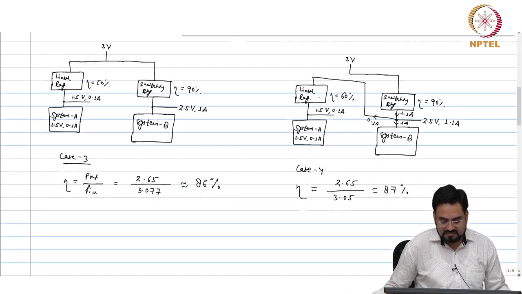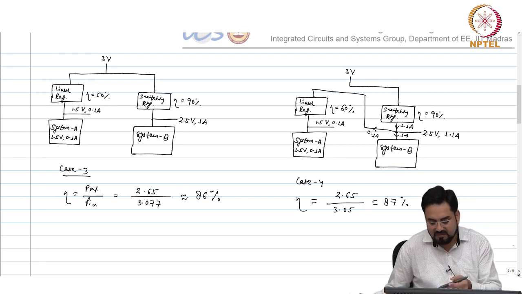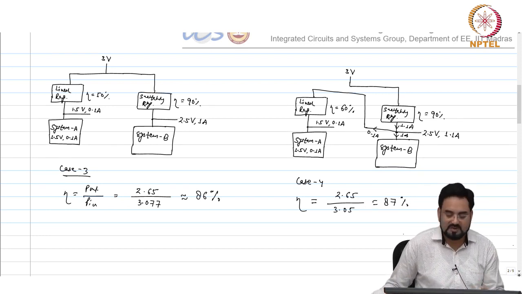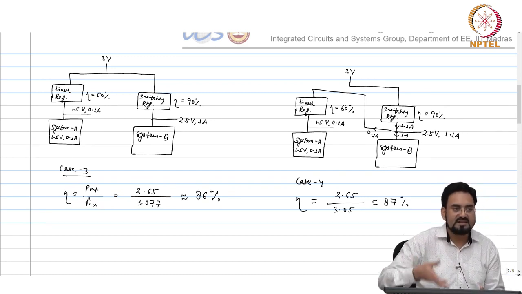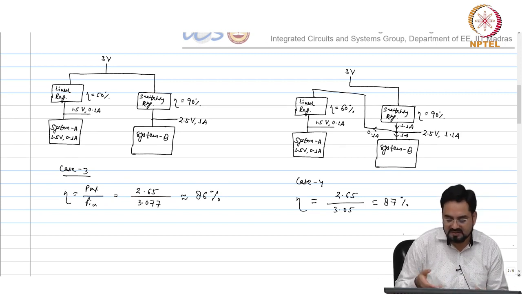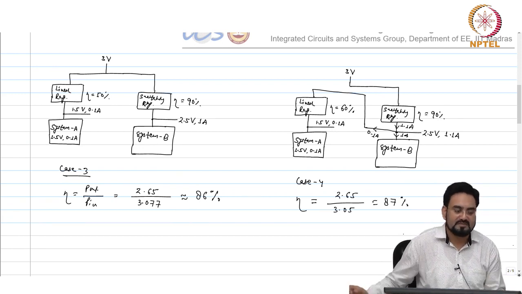So, now by improving the efficiency by 10%, overall efficiency is improved by 1%, because we know the total power contribution of the linear regulator is much less compared to switching. That is why a 10% improvement in the efficiency shows only a 1% improvement in the overall system.